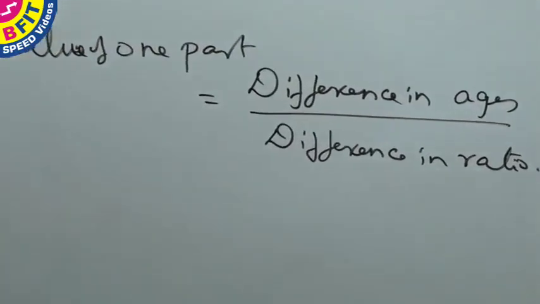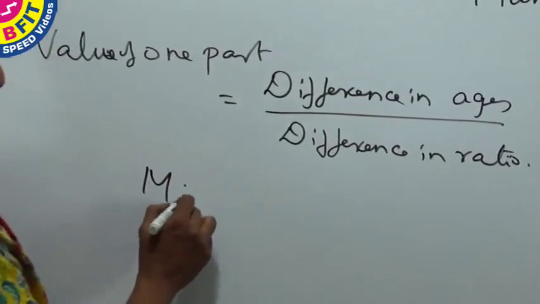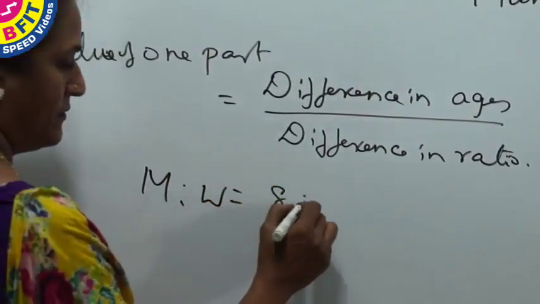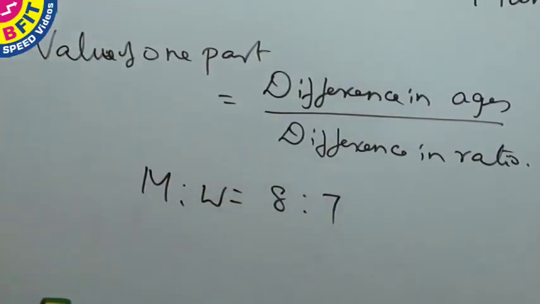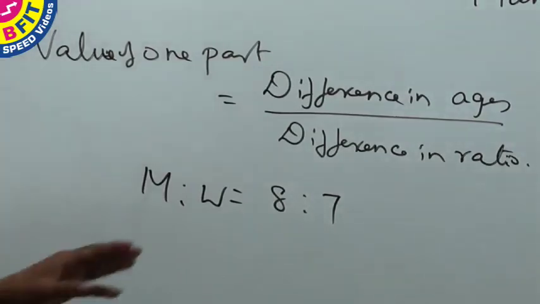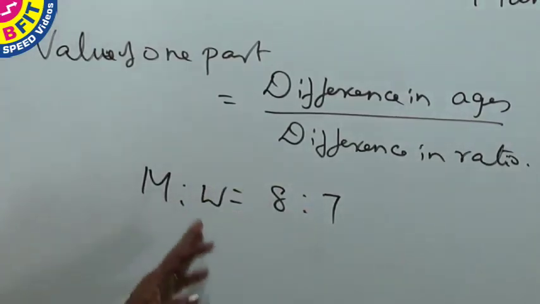After 15 years, the man's and wife's ages are in the ratio 8:7. When the man is 8 by 7 times, it implies the ratio of their ages is 8:7.